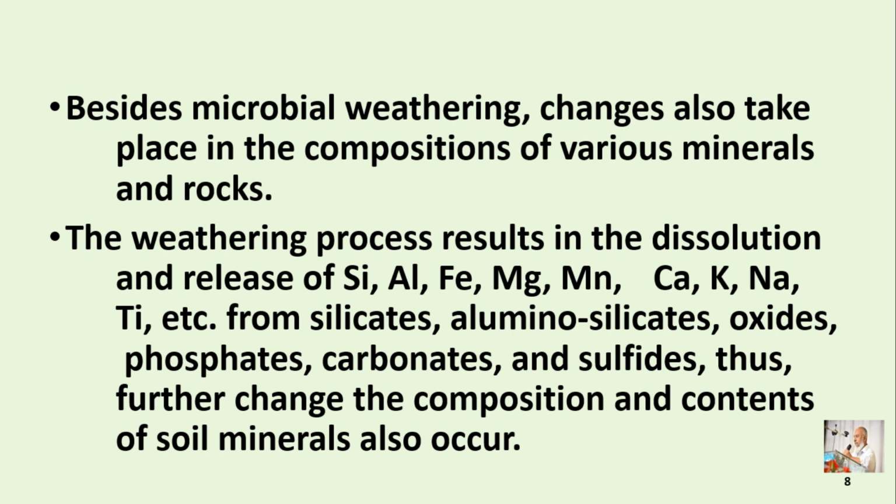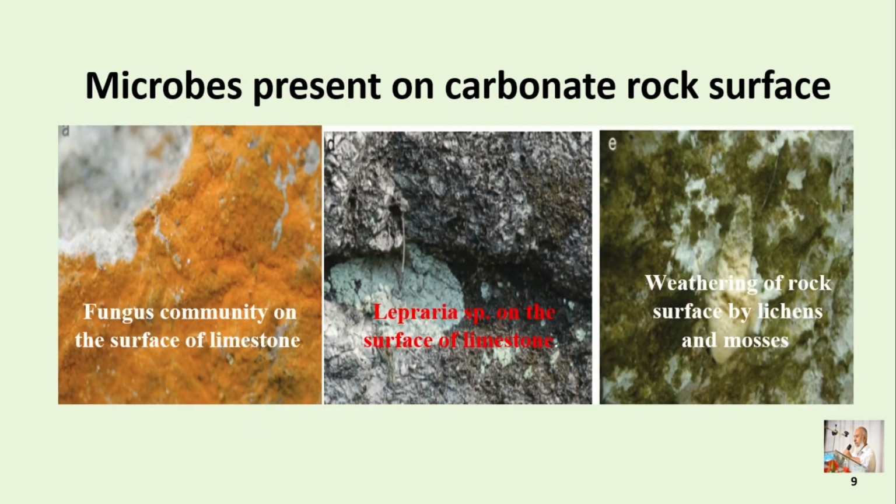The weathering process results in the dissolution and release of silicon, aluminum, iron, magnesium, manganese, calcium, potassium, sodium and titanium from silicates, aluminosilicates, oxides, phosphates, carbonates and sulfides, thus further changing the composition of soil minerals.